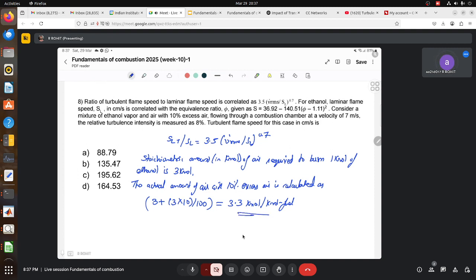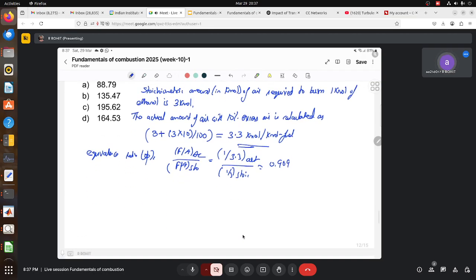Now the equivalence ratio phi is nothing but fuel by air actual to fuel by air stoichiometric, which is 1 by 3.3 for the actual case, by 1 by 3 for stoichiometric. So you will get an equivalence ratio of 0.909 when you solve it.